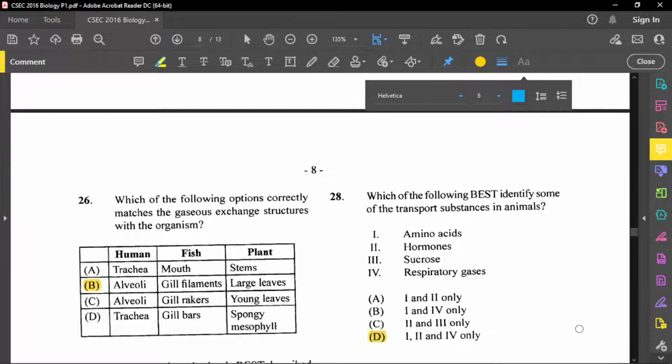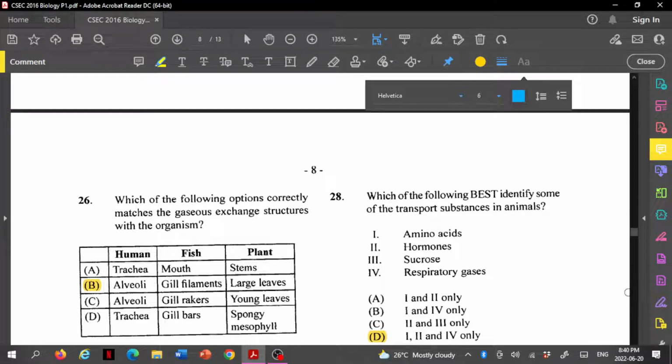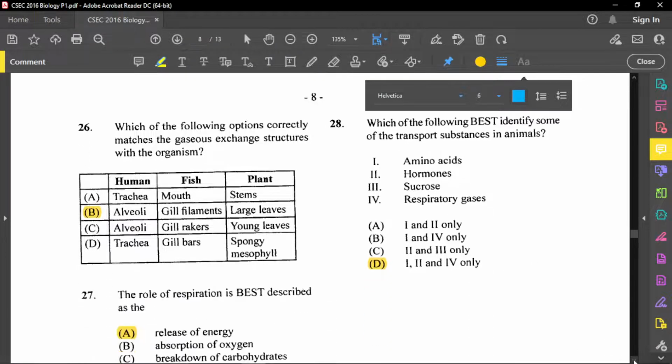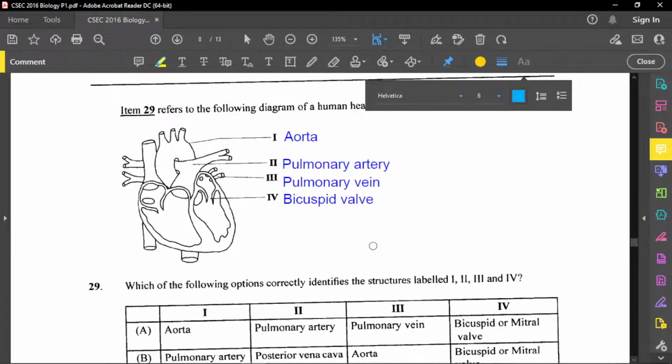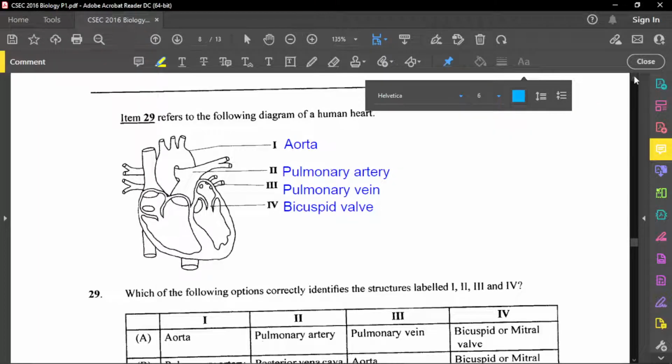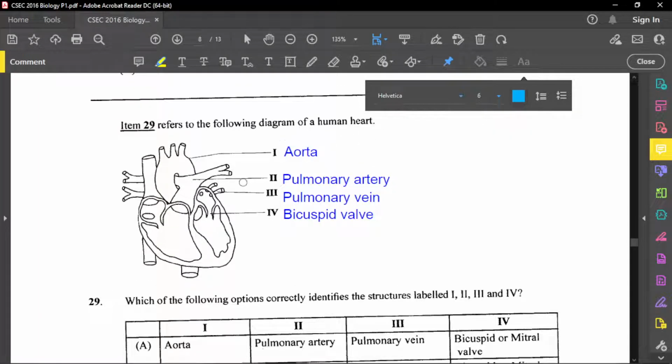All right. We're getting there. We kind of sped up this time because, from a previous review, we don't need to explain certain things. All right, so question number 29 now. Item 29 refers to the following diagram of a human heart. I labeled some parts here: the aorta, the pulmonary artery, the pulmonary vein, the bicuspid valve. And I said, which of the following options correctly identifies the structures 1, 2, 3, and 4?